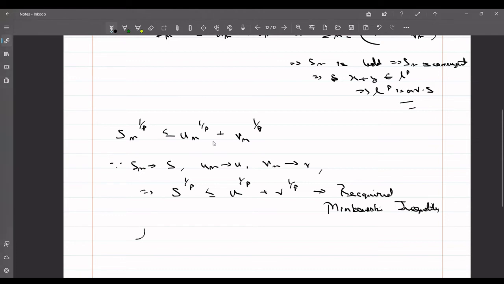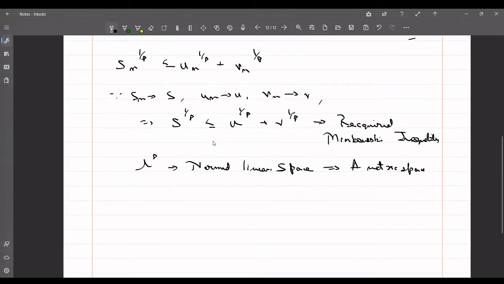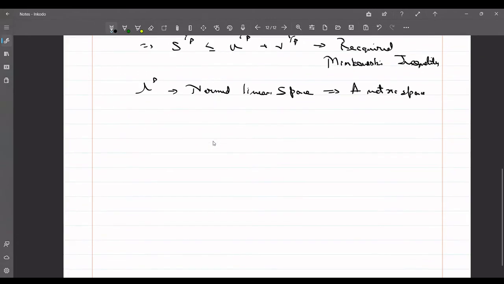So from here what we can say is that LP is a normed linear space, implying the fact that it is a metric space. And here also we can define the metric similarly. I don't think I need to do it again, or rather I will do it.